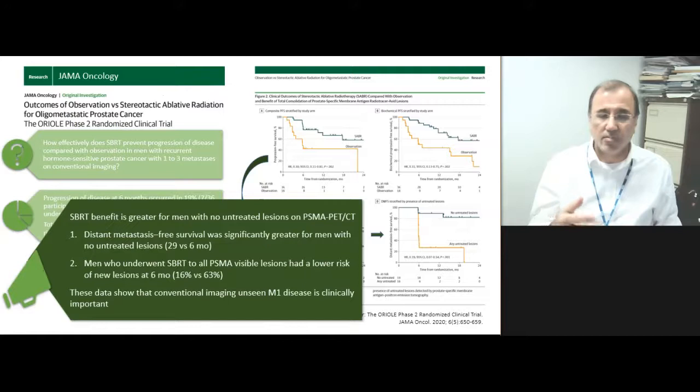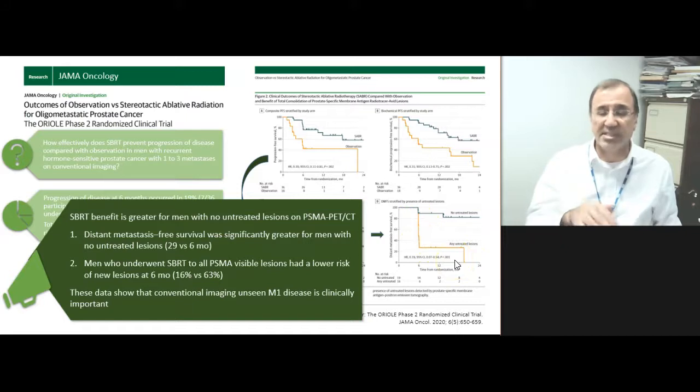It turns out that cyberknife therapy had the greatest benefit when there were no untreated PSMA positive lesions. So you can see here is the failure-free survival when there were no untreated lesions, but if you left lesions behind, you were more likely to fail at an earlier time point.